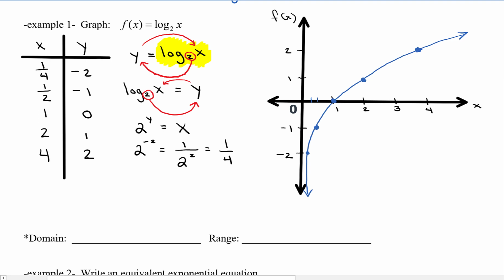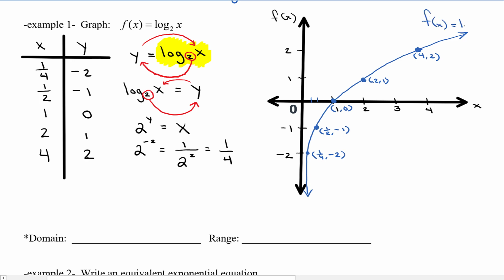I'm labeling each one of my points with its corresponding ordered pair. So now that I have labeled each one of my points, I am also labeling the function with its equation, which is f of x equals log base 2 of x.